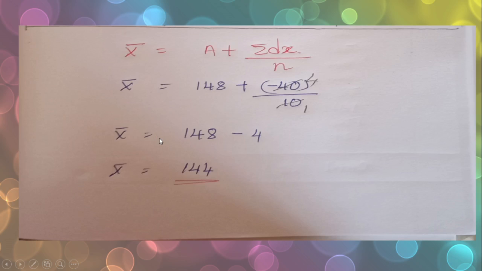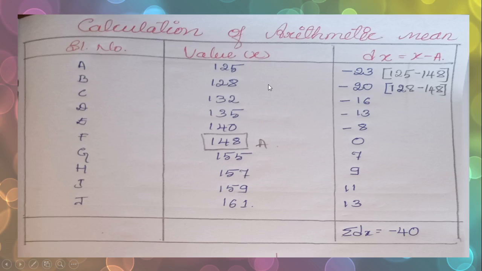After this, I'll put the values into the formula. X bar equals a plus summation dx by n. Here the a value is the assumed mean, which is 148.